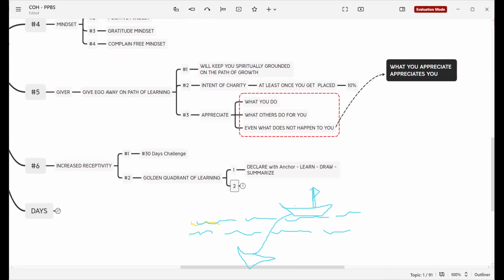Likewise, we have a tall ship with us, and that requires an anchor. And if an anchor is not given, especially when it comes to learning, it drifts away.